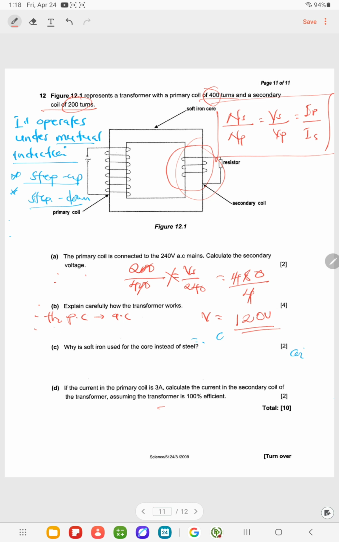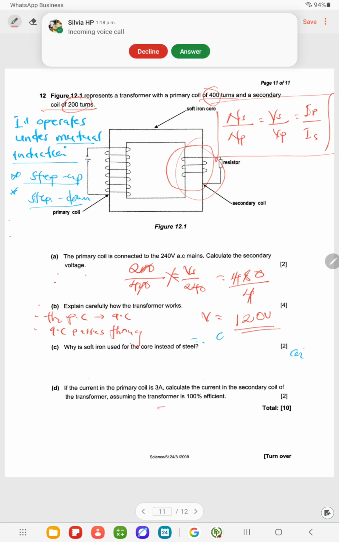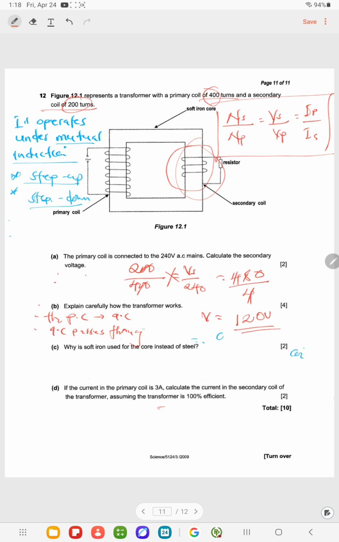Then number 2, the alternating current passes through the coil and produces an alternating magnetic field.